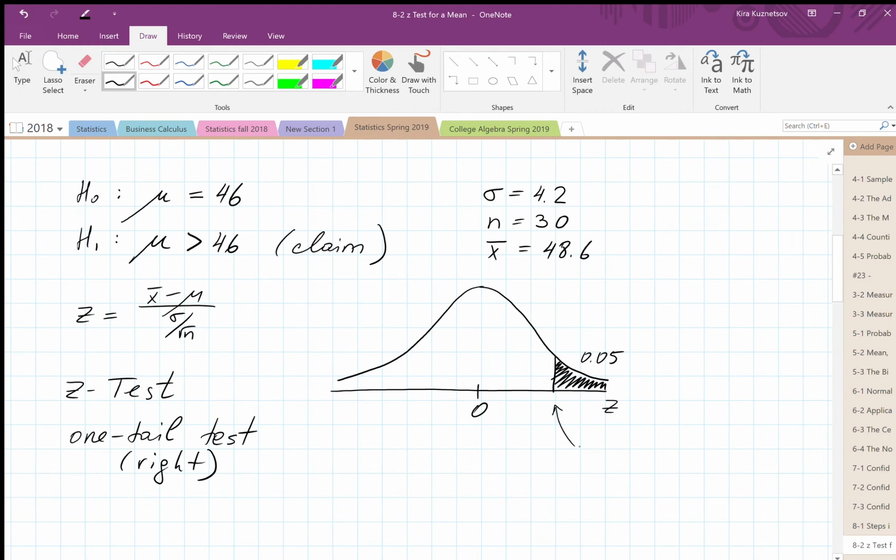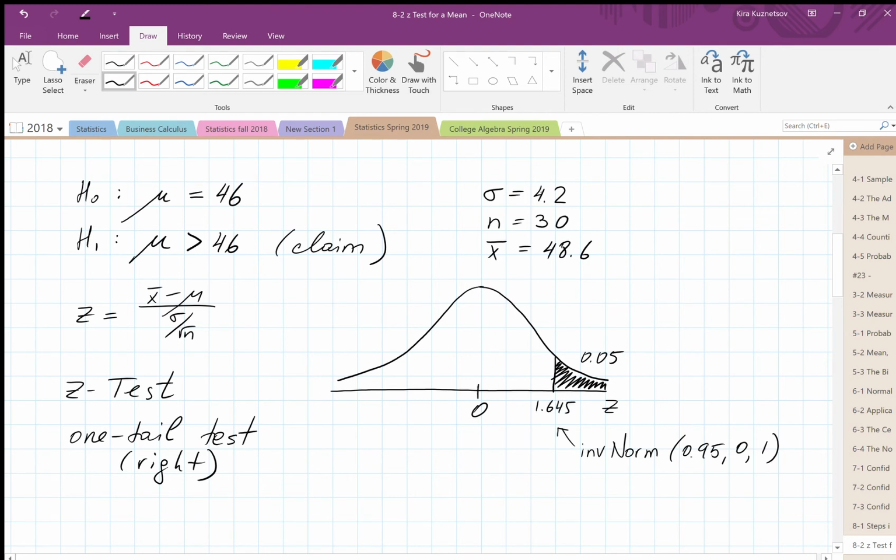In order for me to do this, I can type in inverse norm, the bottom 95%, comma 0, comma 1, and this will spit out a z. The z that corresponds to this is 1.645.